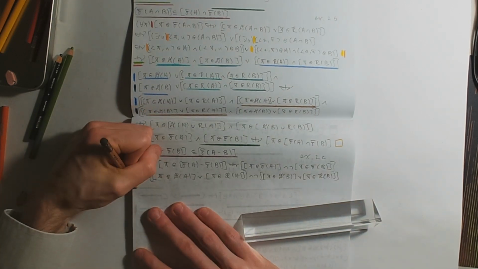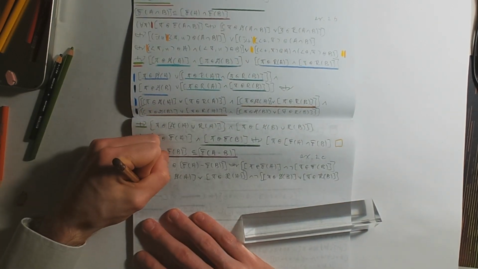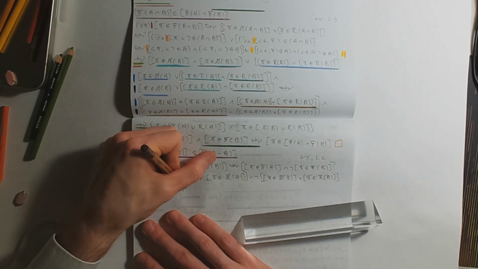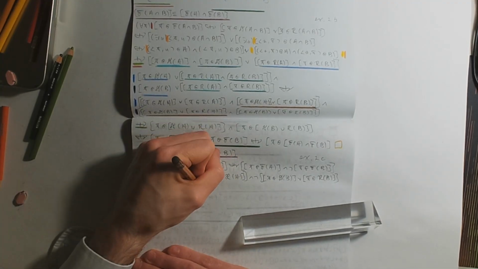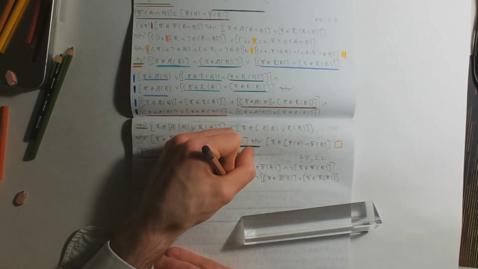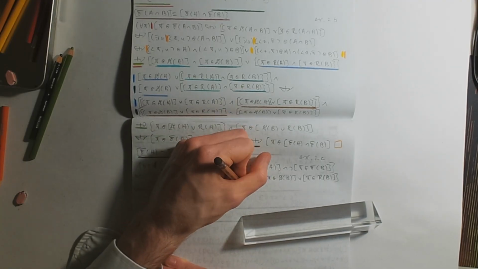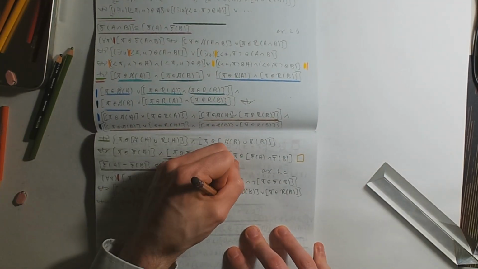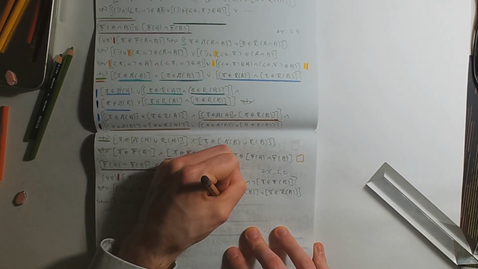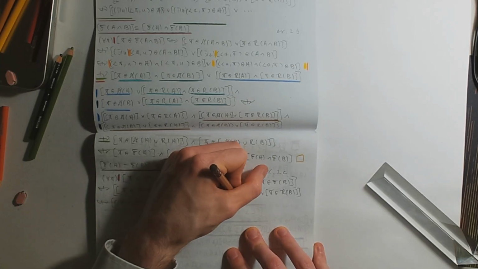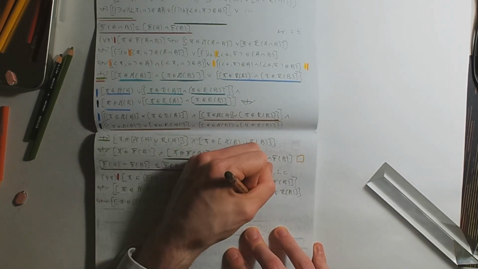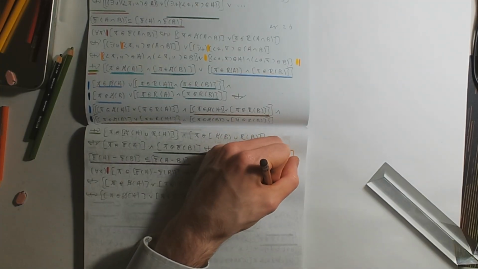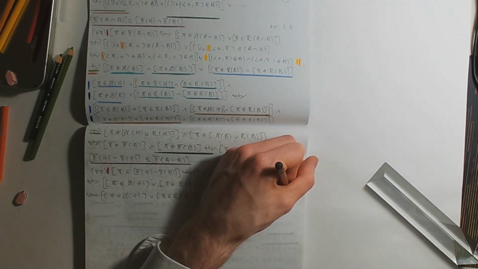Okay, so interderivable with t is an element of the domain of A, or t is an element of the range of A, and not t is an element of the domain of B, and not t is an element of the range of B.